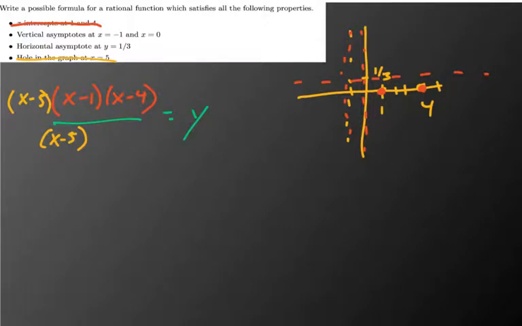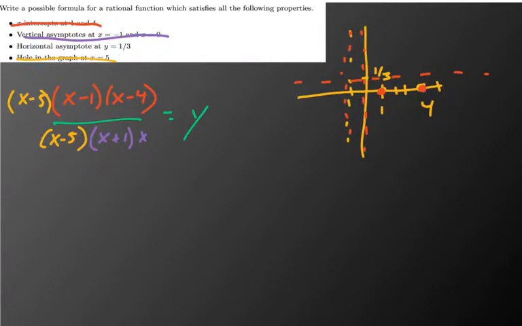So that is going to be the hole, right? And then there's vertical asymptotes at -1 and 0, right? So we basically just need an x + 1 on the bottom and then just an x on the bottom. Those two would give me vertical asymptotes like I got over here.